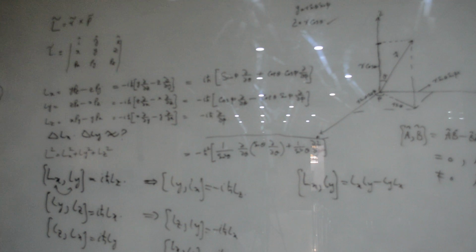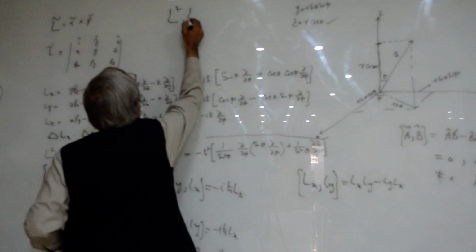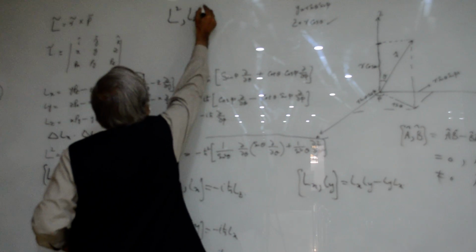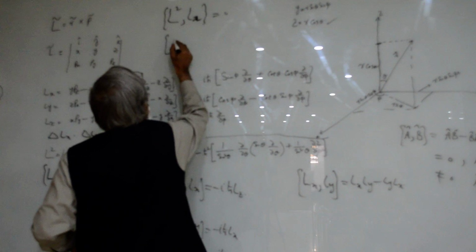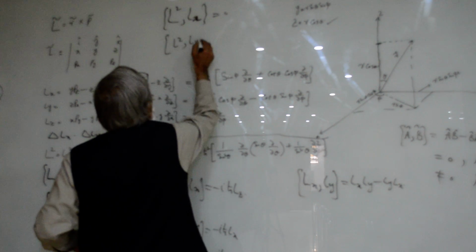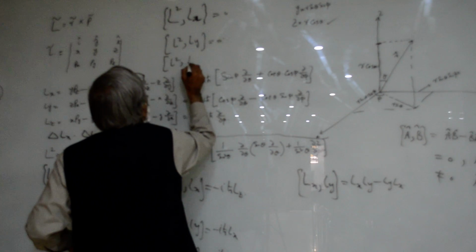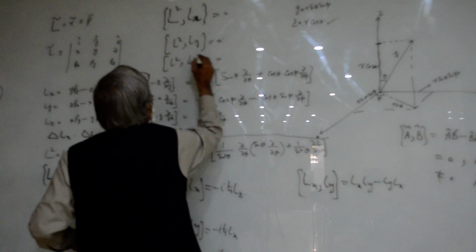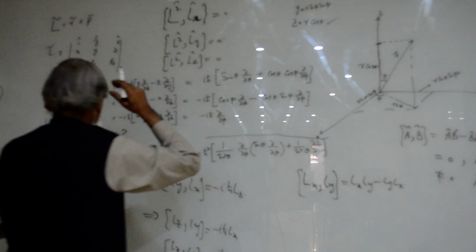However, if you make a square of this, then you will find that L square with Lx is equal to 0, L square with Ly is equal to 0, L square with Lz is equal to 0. What a strange thing.